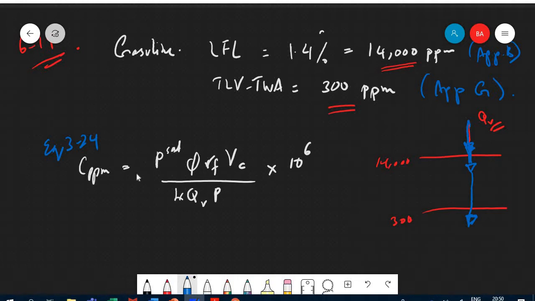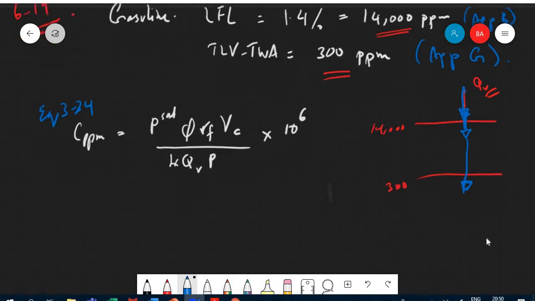In this case, if you have higher CPPM, you have lower QV. If you have lower CPPM, you will have higher QV. So we already can get an idea about that.